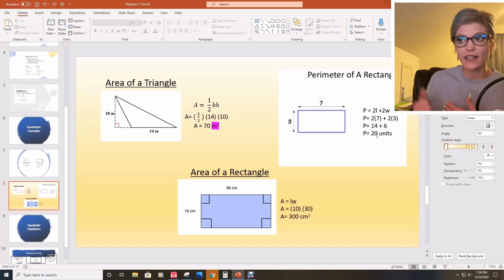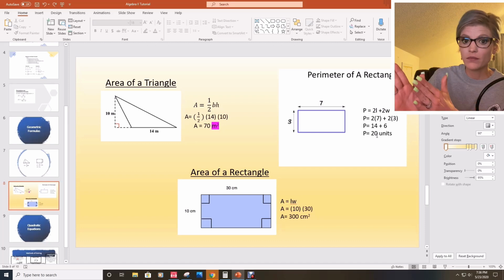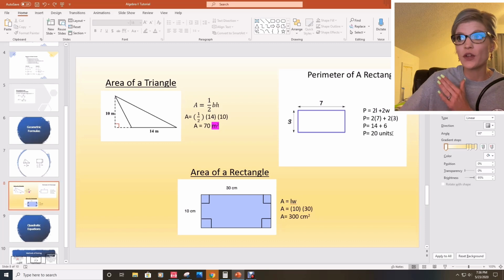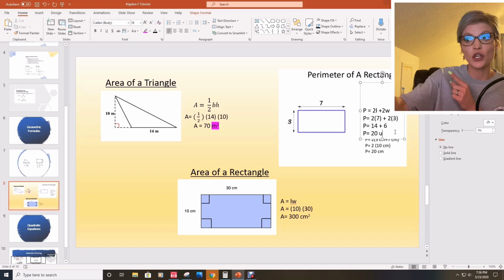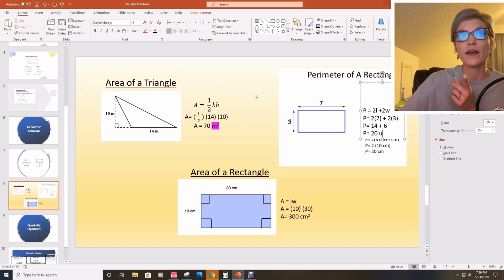So keep that in mind, that if they do not offer you a unit of measurement, you don't know if it's inches, you don't know if it's centimeters, you don't know what it is, then you can plug in units. You can say actually the word units, but oftentimes when you are doing online learning, they will want you to just put a U like this, and then they will want you to have the squared right beside it.